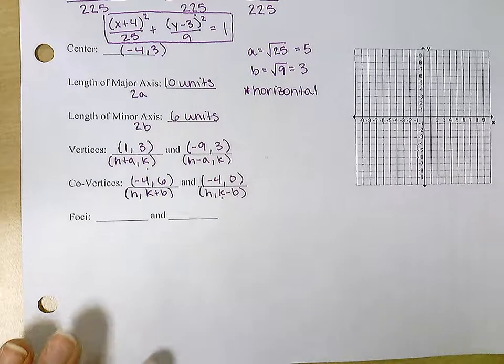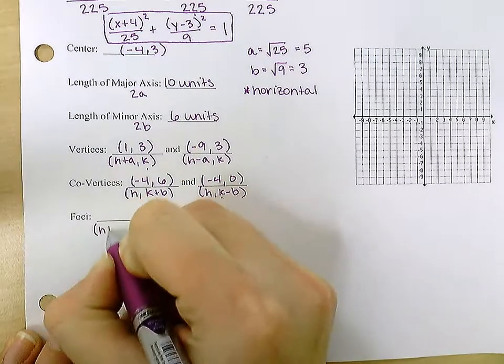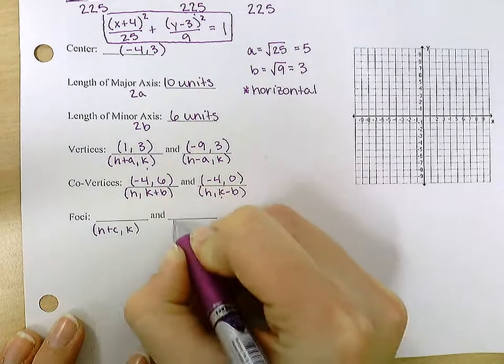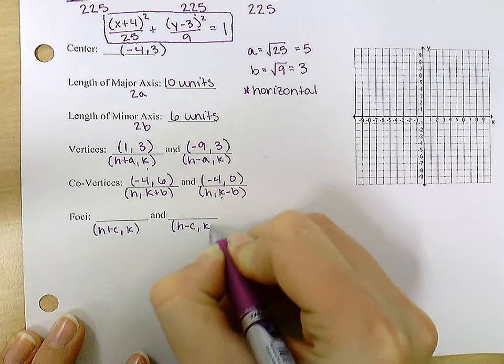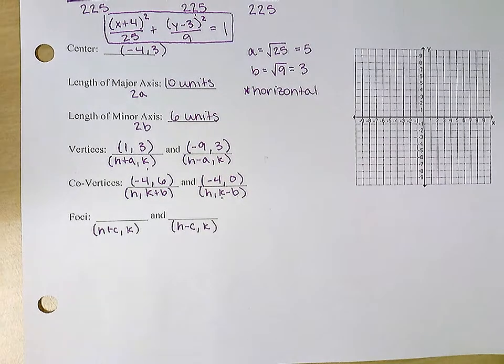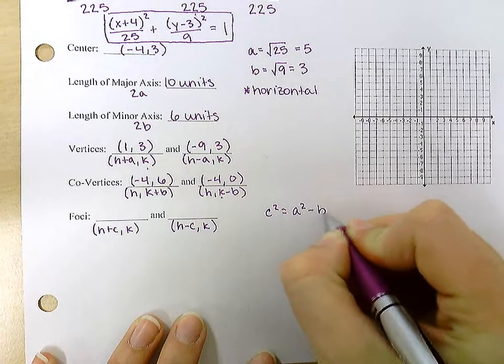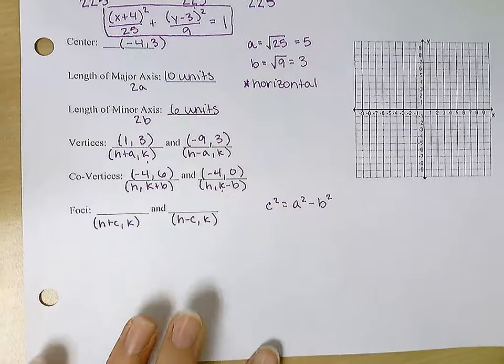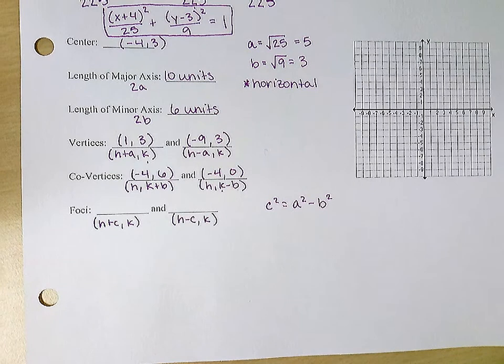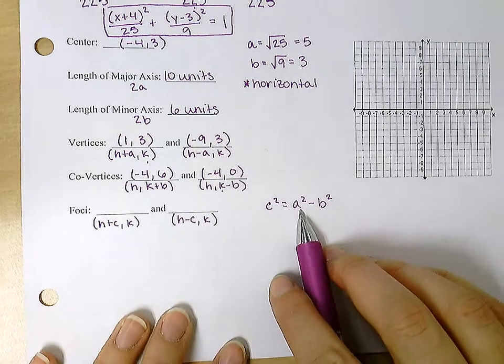Our foci points are at H plus C, K, and H minus C, K. What's the equation I used to find C? A squared minus B squared equals C squared. Yes. Okay, so this is the equation I need to use to find C. So I know what my A squared value is.